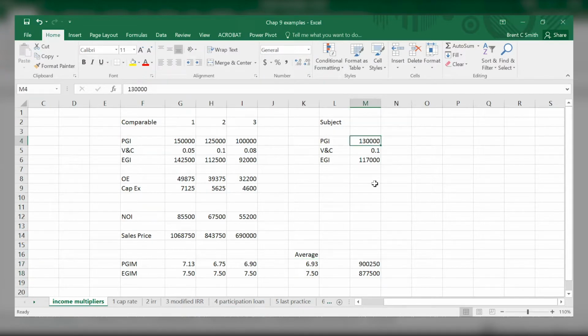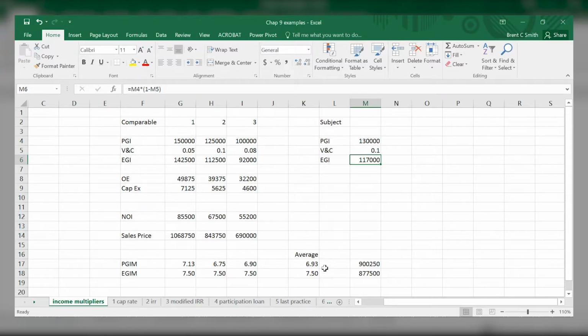And so here's my subject. Last year's or next year's PGI, depending on how you look at it, is projected to be $130,000. We're going to anticipate a vacancy and collection of 10%. Then that leaves us with an effective gross income of $117,000.